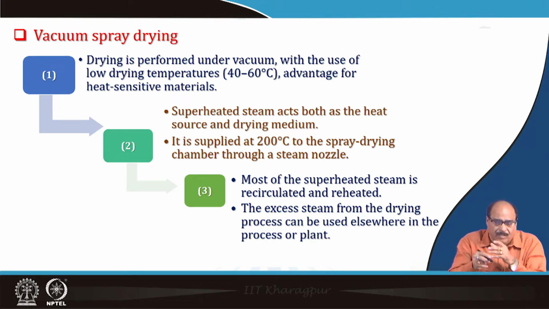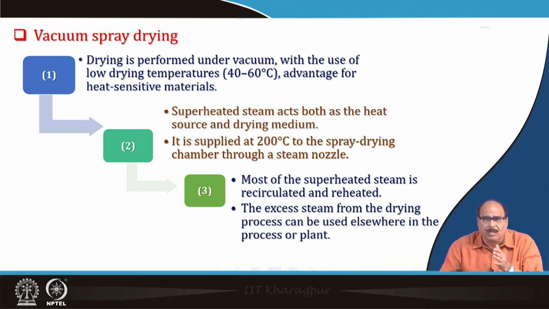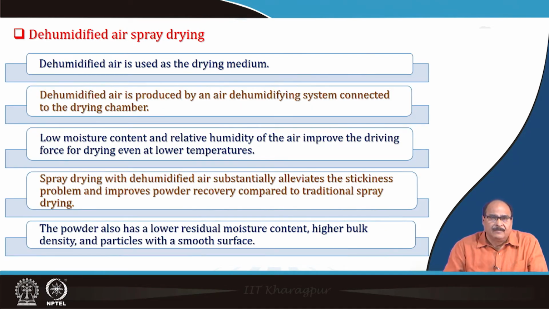So, their temperature is maintained below that. In superheated steam drying, the steam acts both as a heat source and drying medium, and it is supplied at 200 degrees Celsius to the spray drying chamber through a steam nozzle. Most of the superheated steam is recirculated and reheated. The excess steam from the drying process can be used elsewhere in the process or plant.